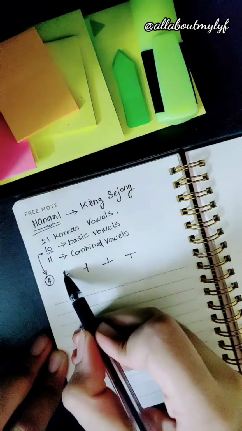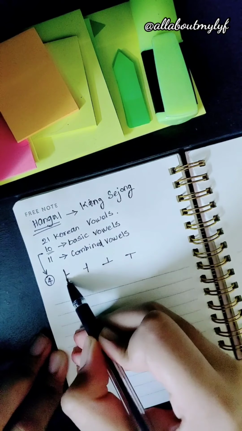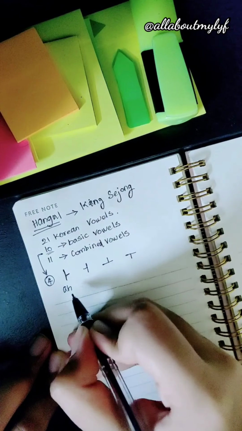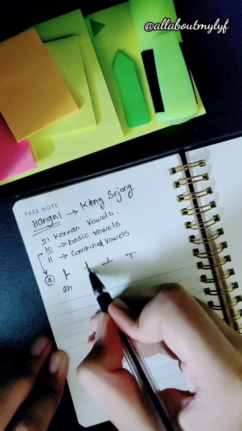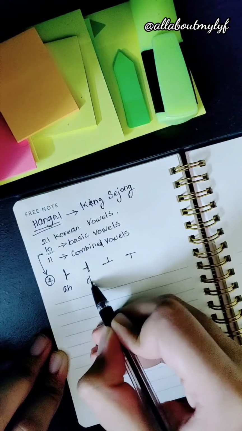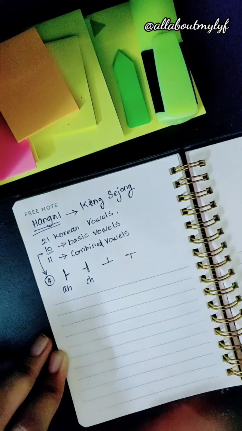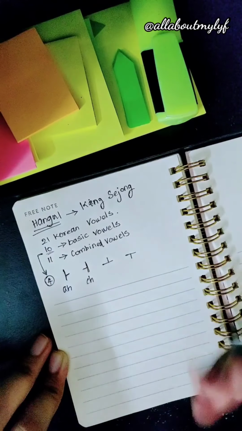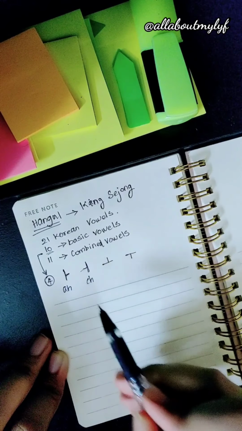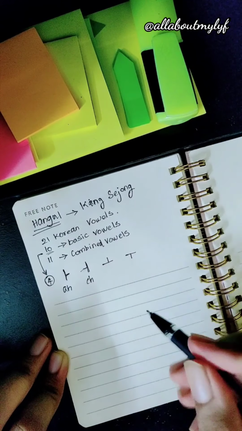So if you have a line and a stroke which is to the right, it is called a. If you have a line and the stroke is on the left, it is called eo. You can feel the difference, right? It is right, positive, a. It is on the left, negative kind of thing, so it is eo.